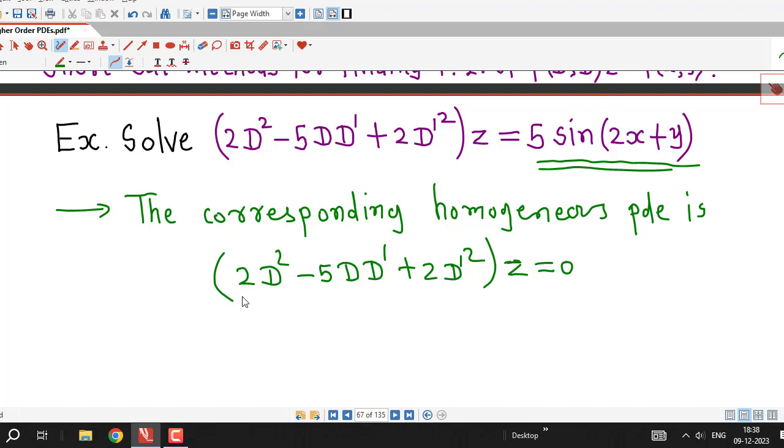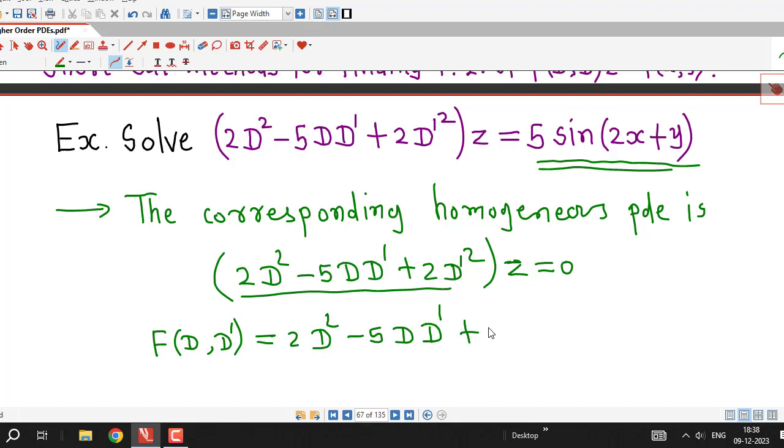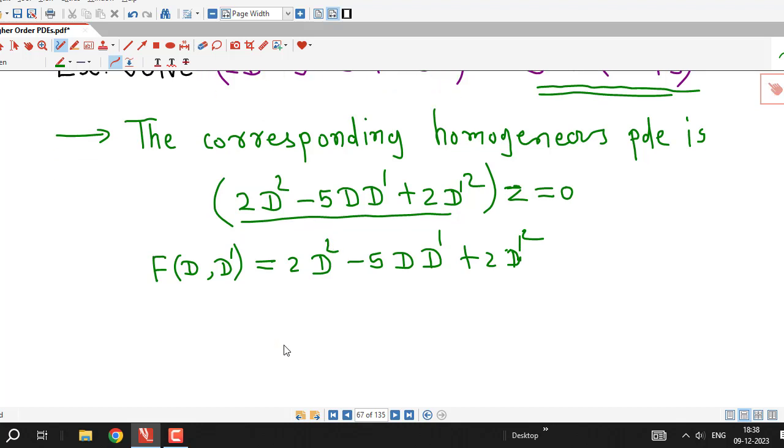For that, first we observe that the function F(D, D') is homogeneous in D and D'. We can see that F(D, D') is 2D² − 5DD' + 2D'². If F(D, D') is homogeneous, we write down the corresponding auxiliary equation and equate it to 0 to find the values of m.